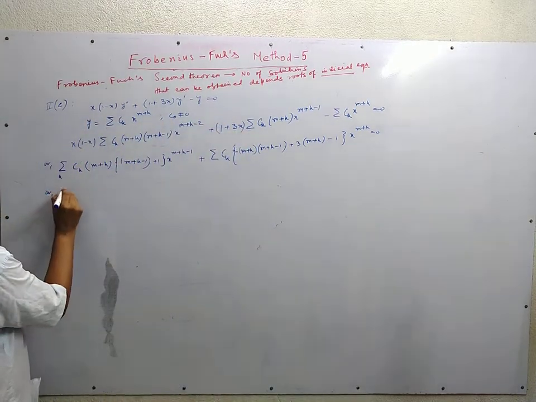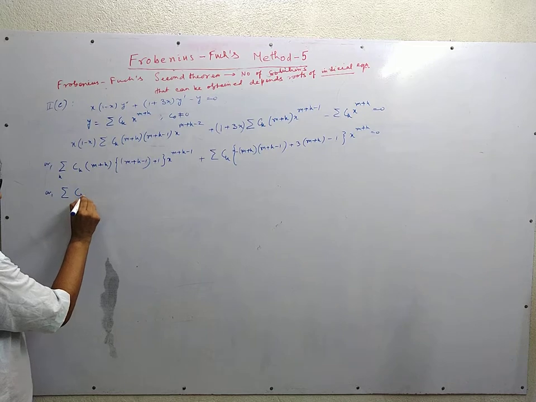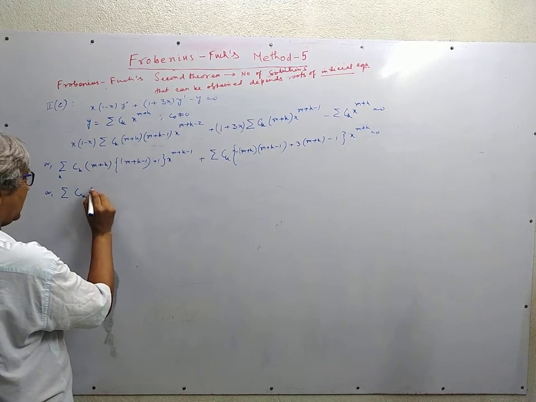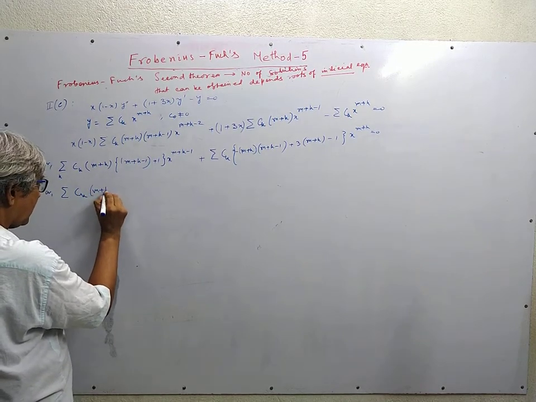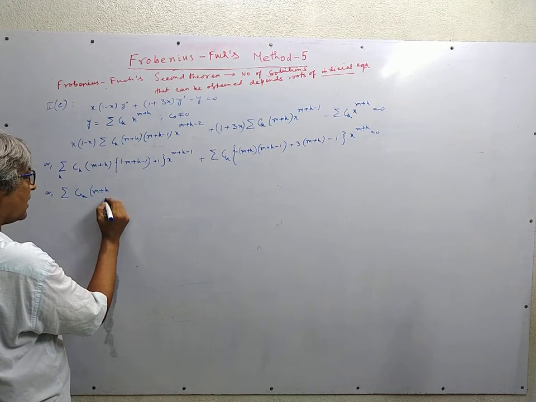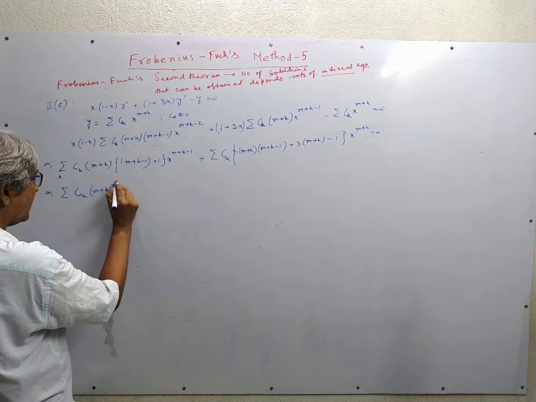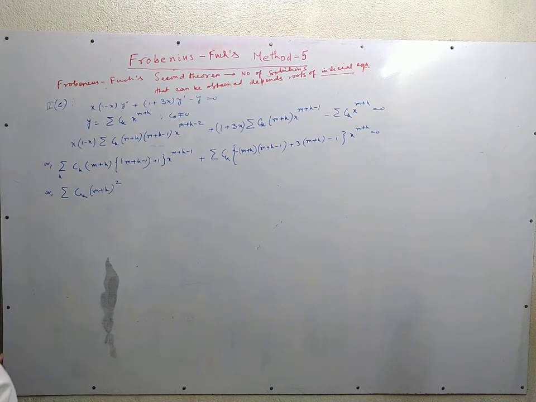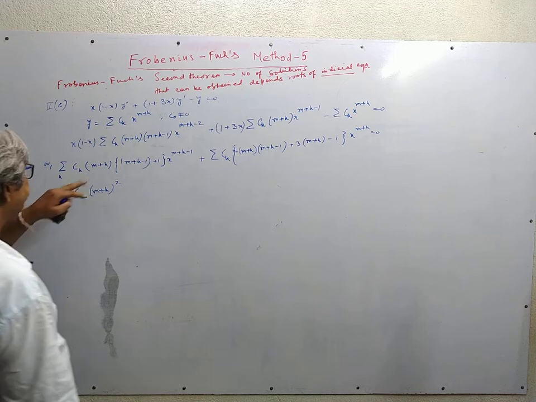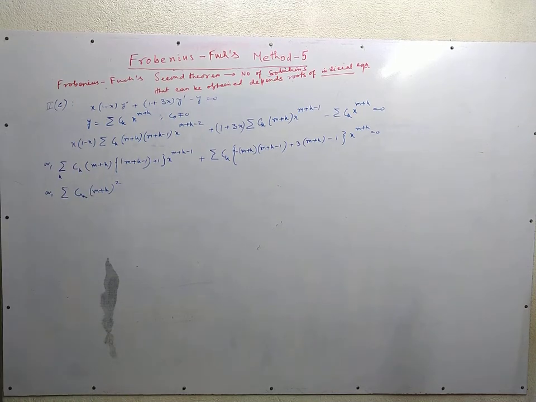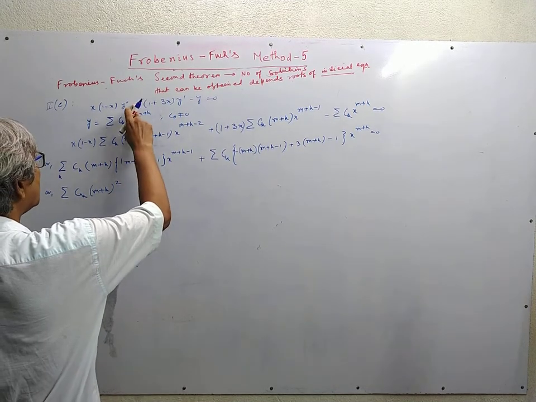ck, m plus k whole square. Okay, this sign was wrong.